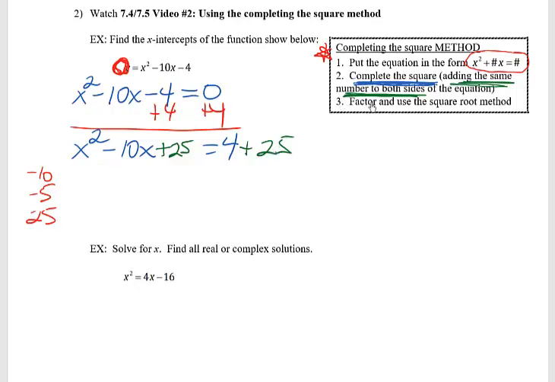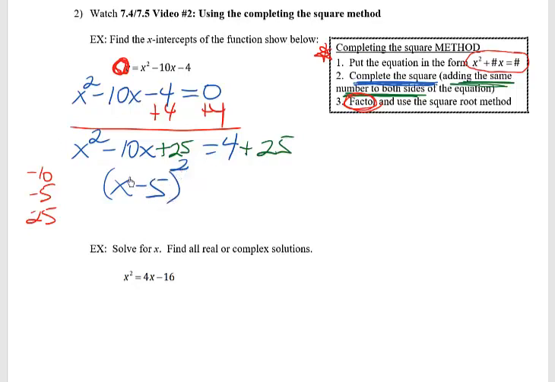Step 3 says, now that you created that perfect square trinomial, you know you can factor it in such a way that there's only one x showing. And what we said was it always is the same. It's an x followed by the cut in half number. The cut in half number was -5 squared.